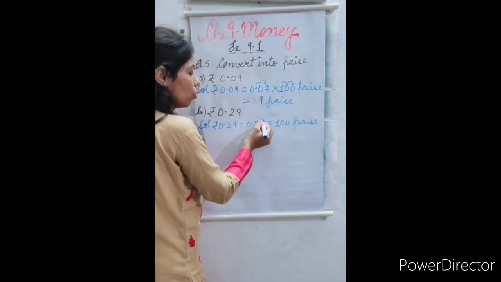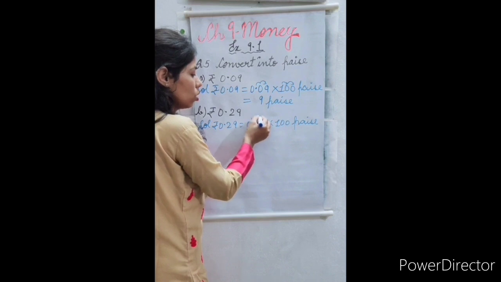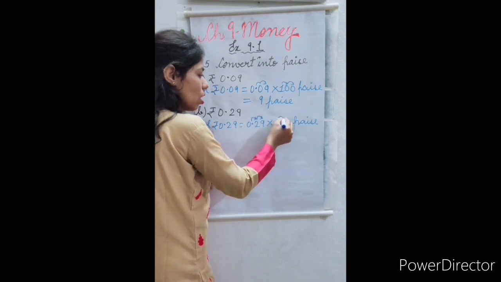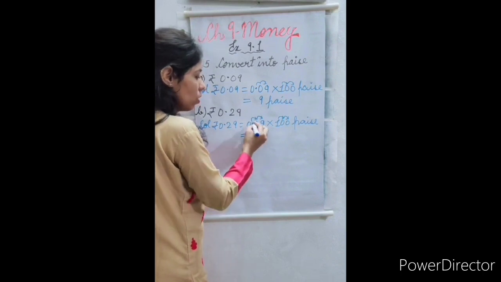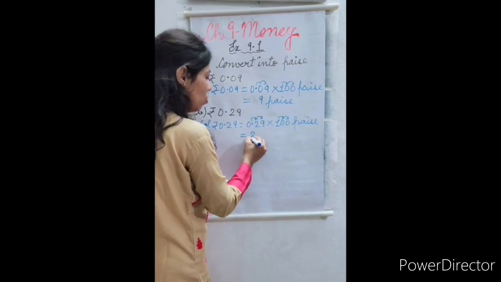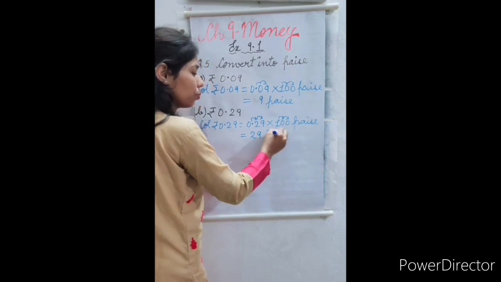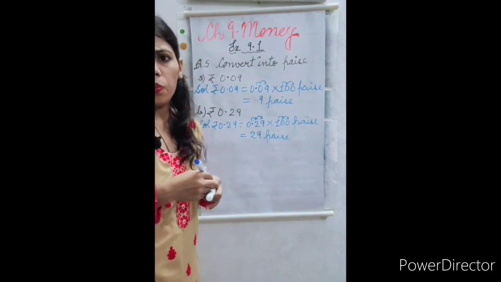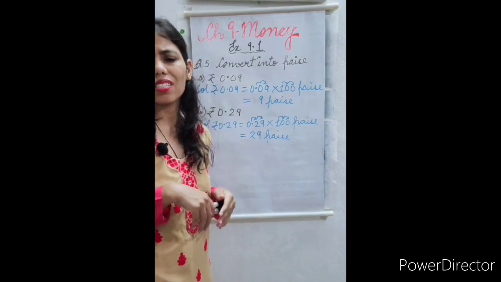Here also after the decimal 2 digits are there, and in 100 also 2 zeros are there. So this decimal will go away. We will write here 29 paise. Part C and part D, that you will do as revision work.